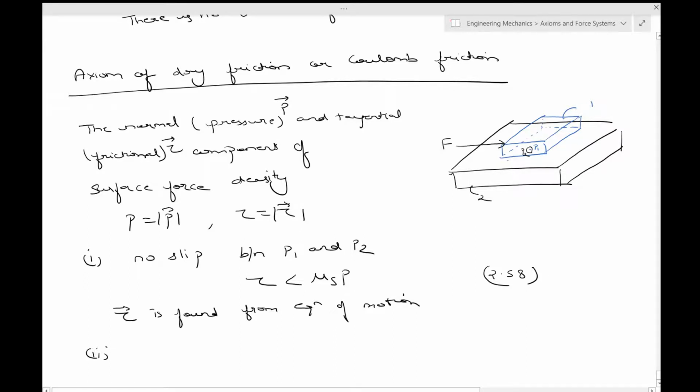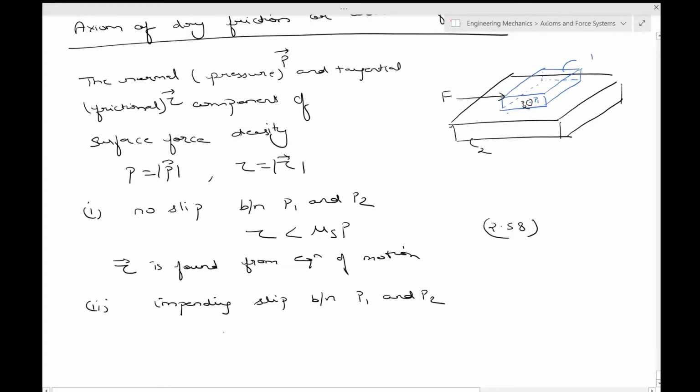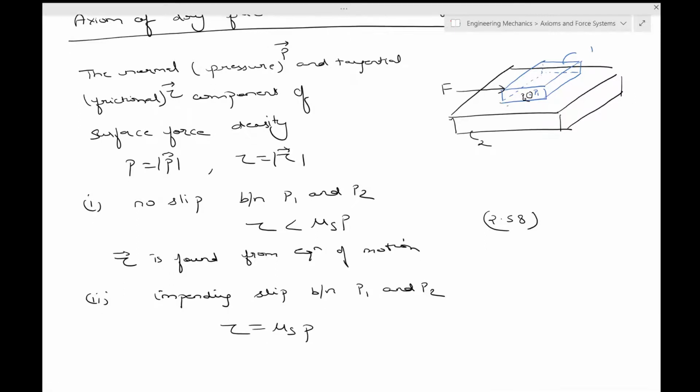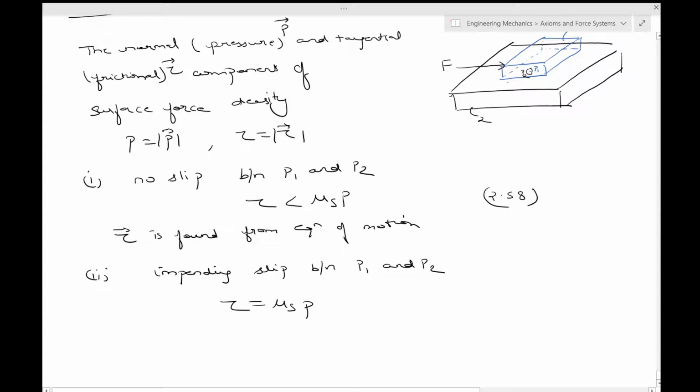The second possibility is that there is an impending slip between P1 and P2. In such a situation, the friction will be equal to mu s P. This we have learned, right, that it was supposed to be proportional to the normal component through the experiments, which you should have thought by now.